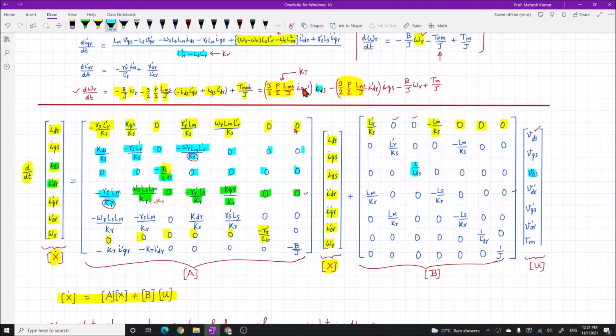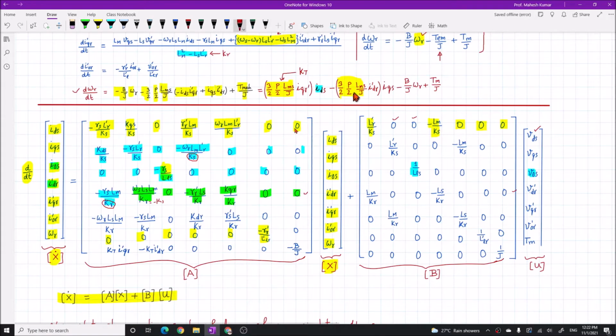Okay, and the remaining are constants, 3 by 2 P by 2 into LMS by J, they are the coefficient. So it becomes KT into IDS. So this is KT into IQR'. The coefficient of IDS becomes KT into IQR'. So this is KT into IQR' here, but the sign of this is positive, not negative. Okay, so IDS is here, this is positive. So you need to correct this also. This becomes positive. Then minus KT.